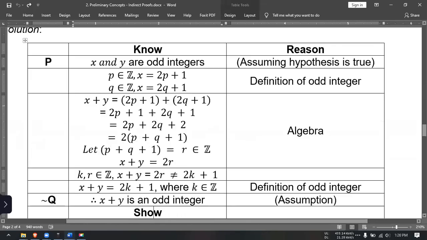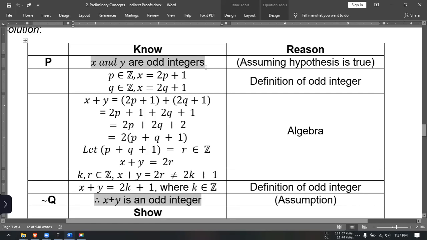So this is our table. The negation of our conclusion is x plus y is odd. And then this is our hypothesis: x and y are odd integers.